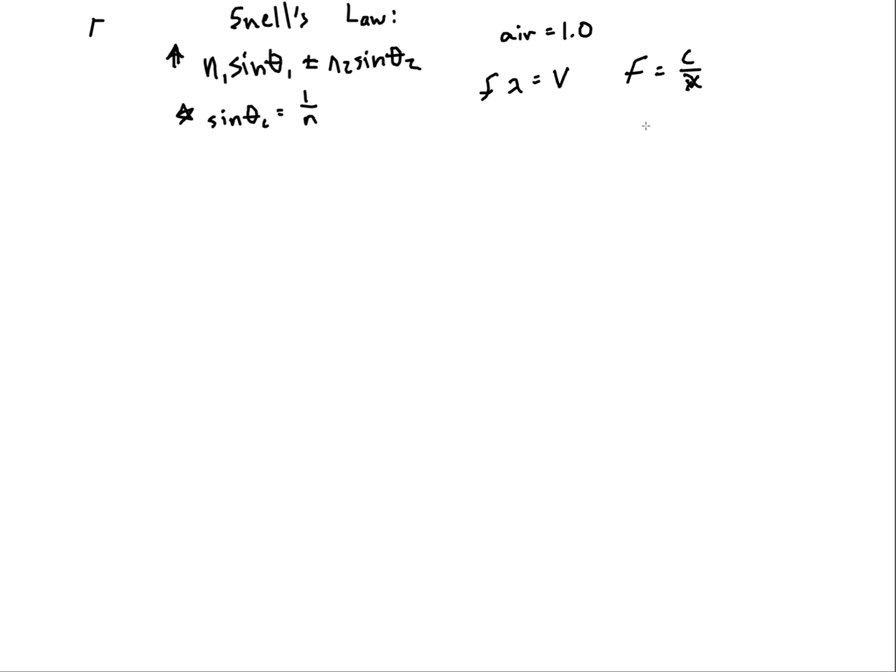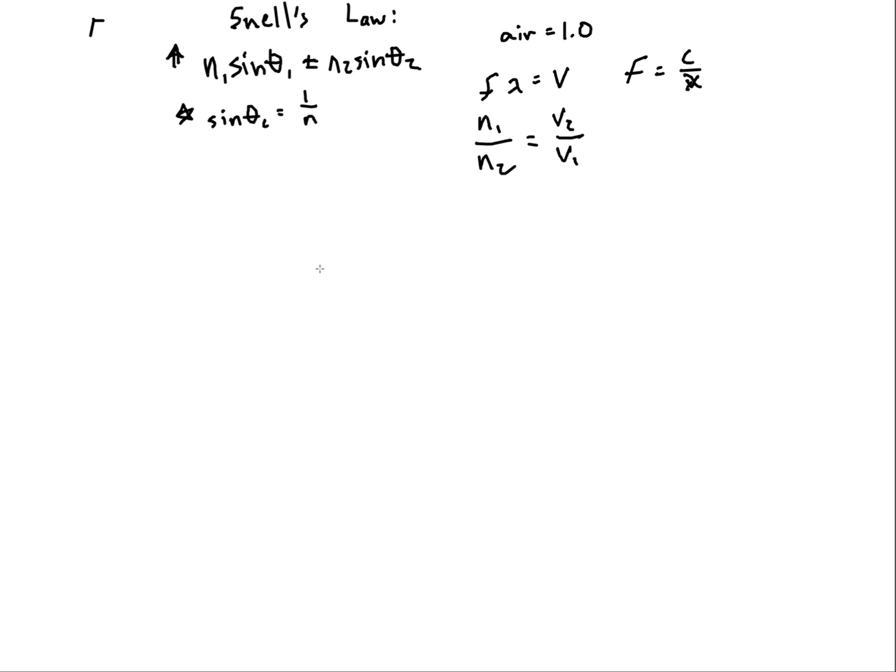Again, we know that the frequency doesn't change, and so if we know the wavelength or if we know the speed of light, and so on. One other useful equation is n1 over n2 equals v2 over v1. So that's something, again, useful depending on what type of problem you have.